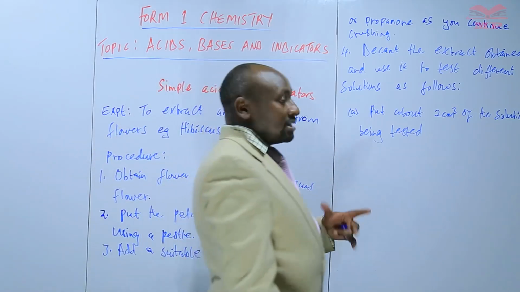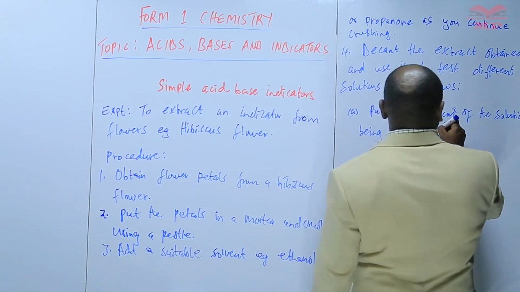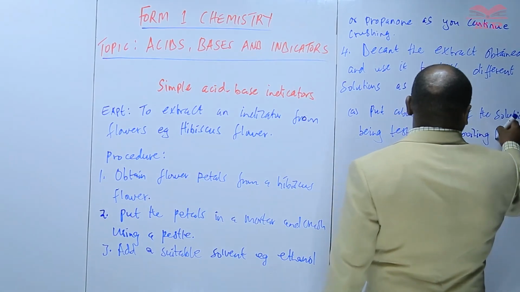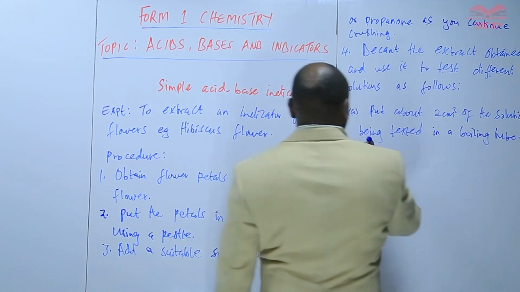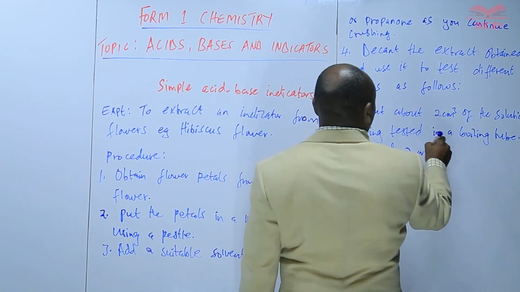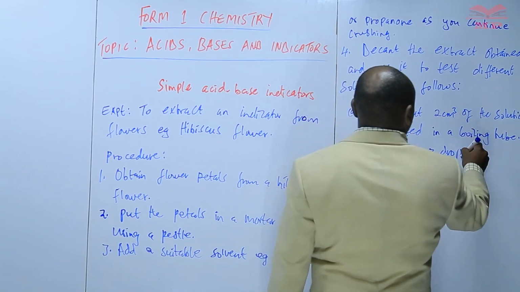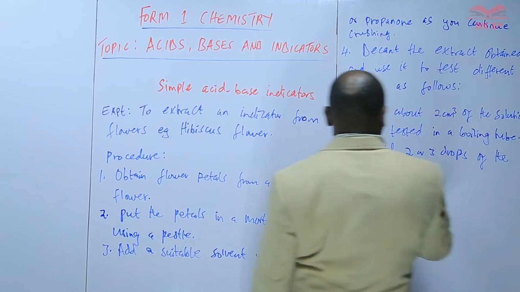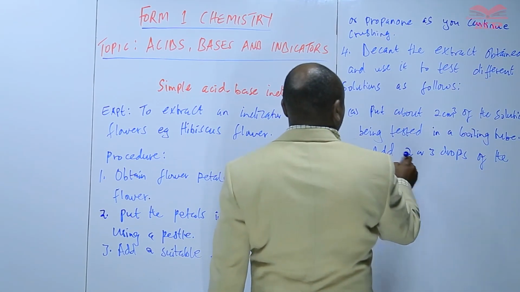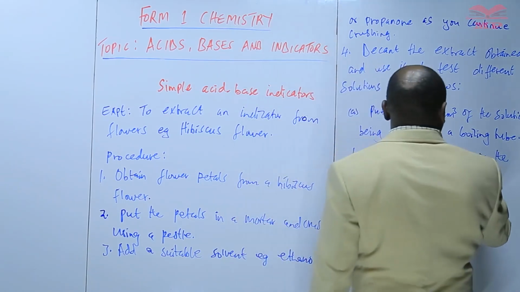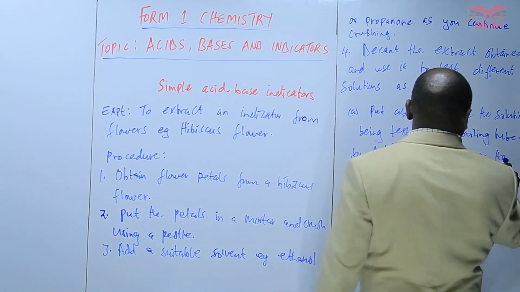We measure that in a boiling tube. And then step B, we add 2 or 3 drops of the flower extract, and observe.